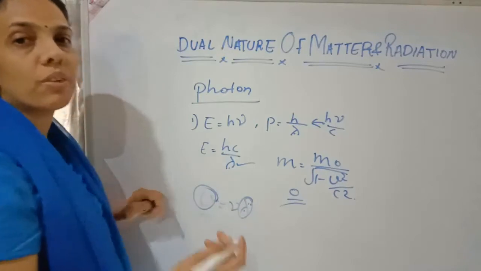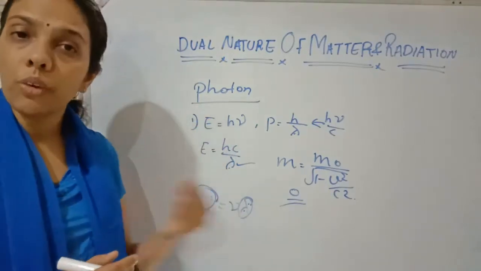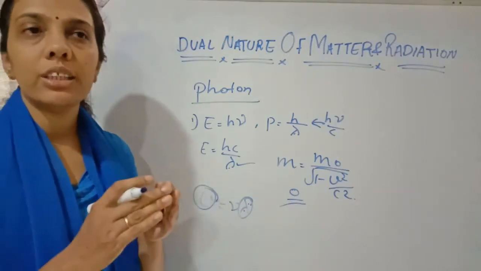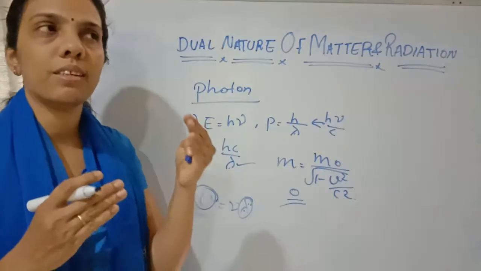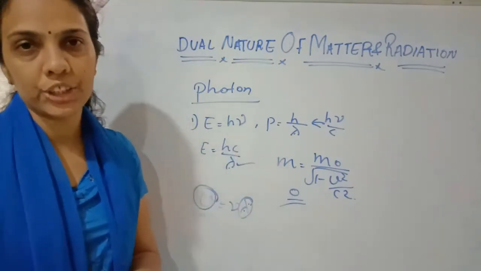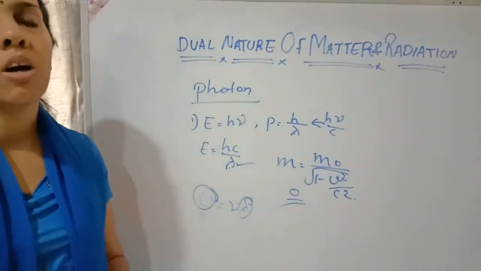But the frequency of the wave will remain the same. Therefore, the energy of the photon will remain the same. And this photon is not deflected by electric or magnetic fields. So these are some of the characteristic properties of the photon.